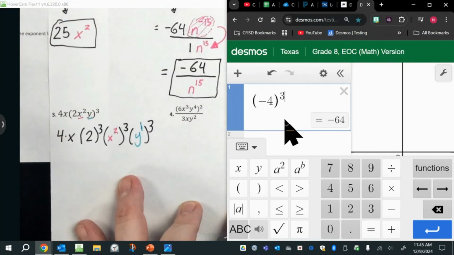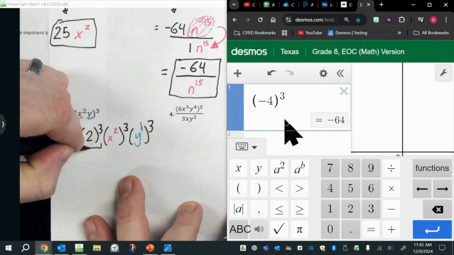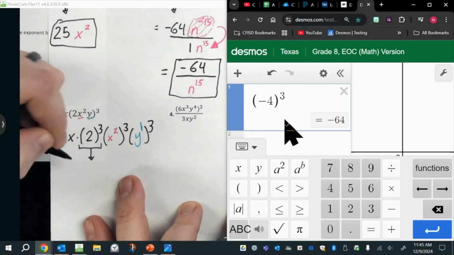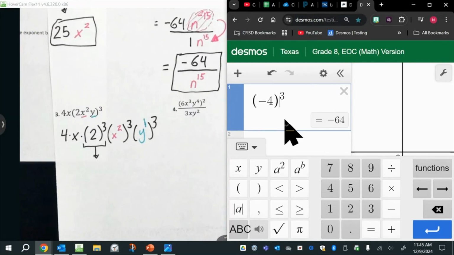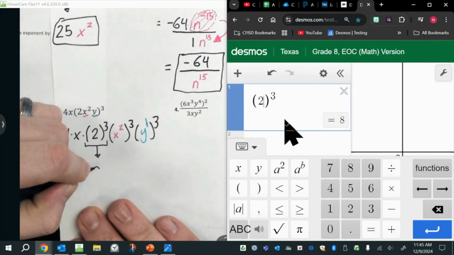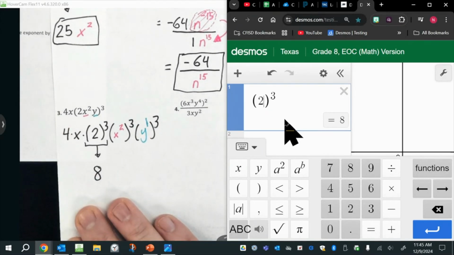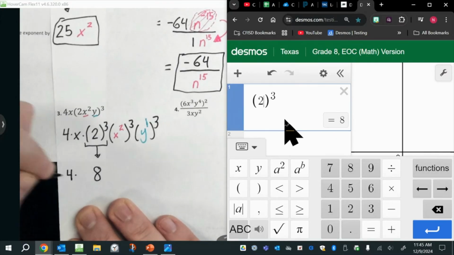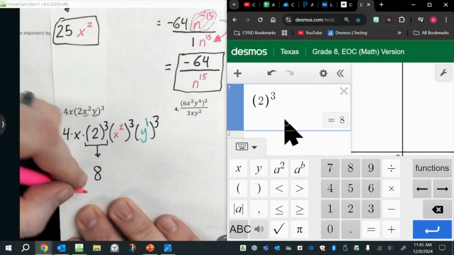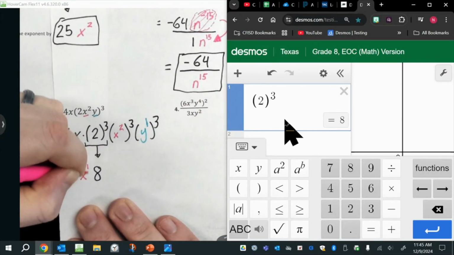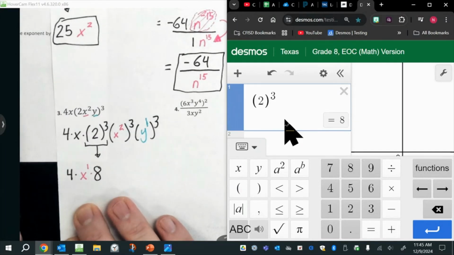So here's what we're going to do, right? We're multiplying all this stuff together. All right, well, this right here is just calculator work. 2 to the power of 3 is 8. And then I have this 4. I'm going to bring down my x to the first power.